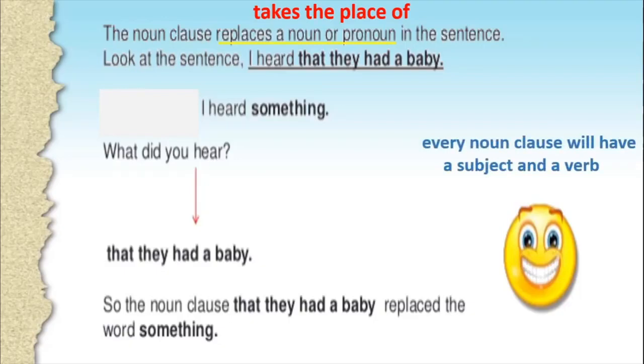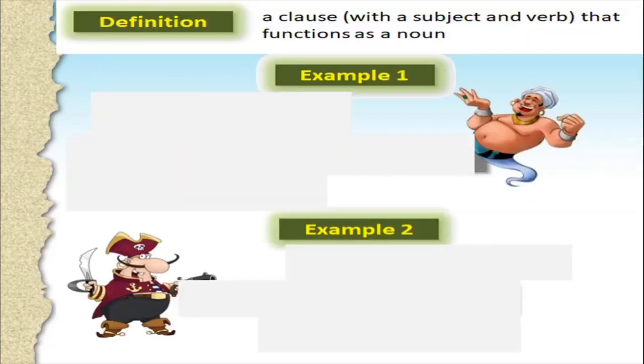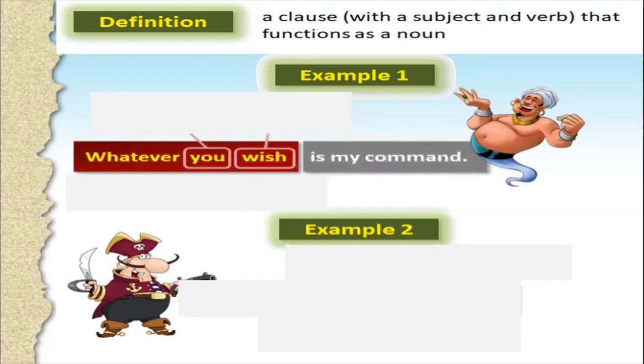Once again, each time I repeat, every noun clause will have a subject and a verb. An adjective clause also will have a subject and a verb, and an adverb clause also will have a subject and a verb. Why? Because they are clauses and they are not phrases. Let us look at these two examples to clear up the idea. A clause that functions as a noun is called a noun clause. Example number 1: Whatever you wish is my command. That is a genie saying whatever you wish is my command.